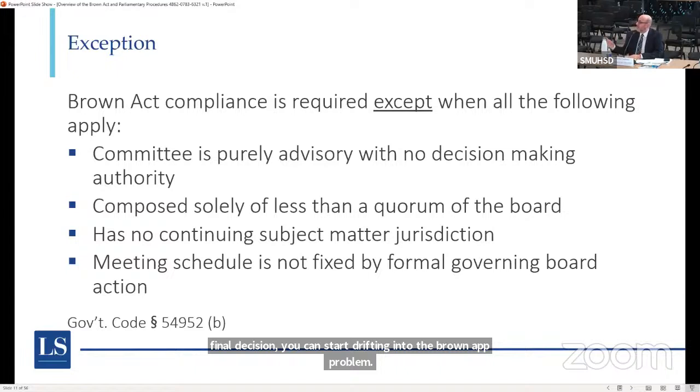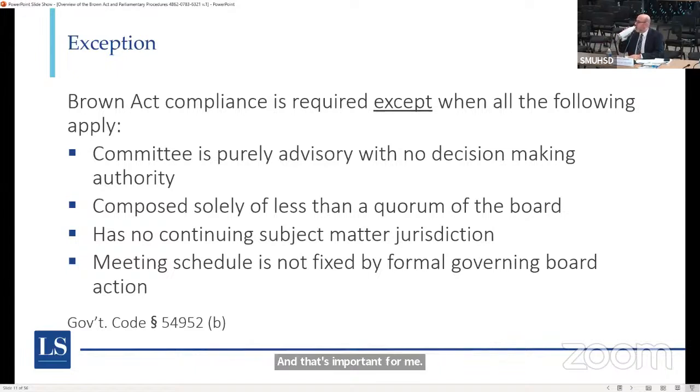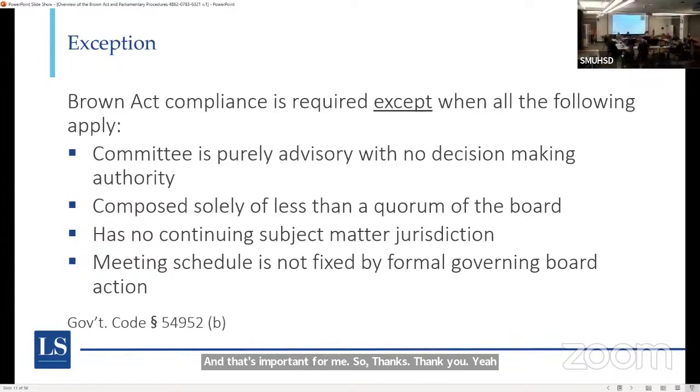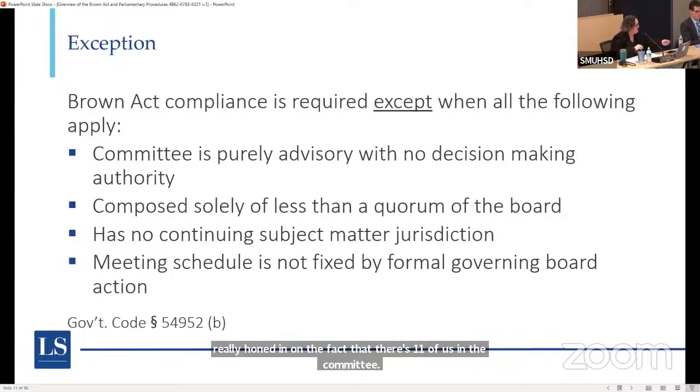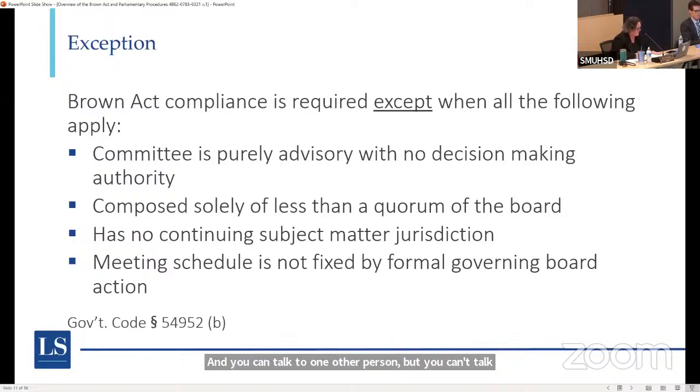Thanks. Yeah, I had just a couple of comments. So in 2017, I was on my first 7-Eleven advisory committee for San Bruno Park. And that's where I really learned what the Brown Act was. I felt like we were being sequestered as if we were part of a jury, because they really honed in on the fact that there's 11 of us in the committee and you can talk to one other person, but you can't talk to anybody else about that same item, because we are making a decision.